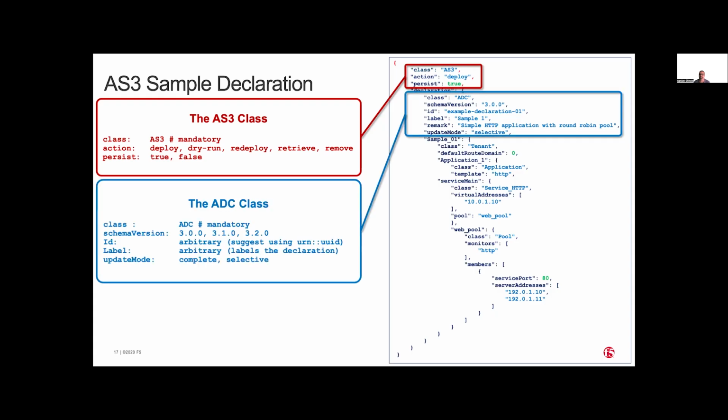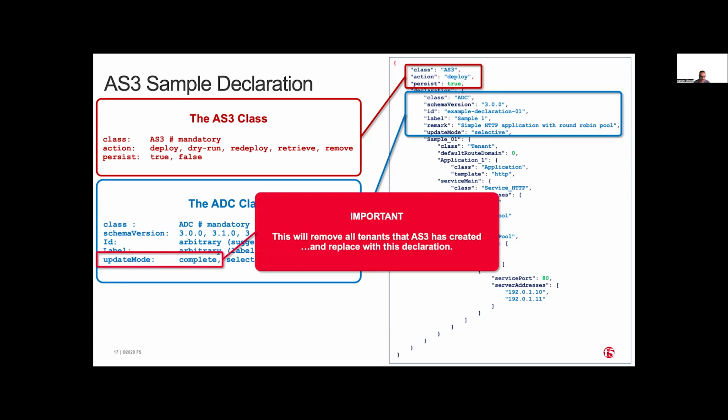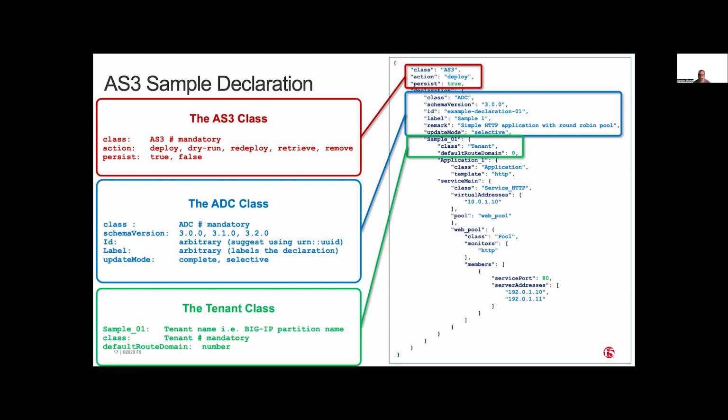And then you have the ADC class, which lists out the schema version you're using. You can label it, and you can set the update mode. You can do a complete update, where it will remove the existing configuration and put in a new one when you have this complete mode mentioned there.